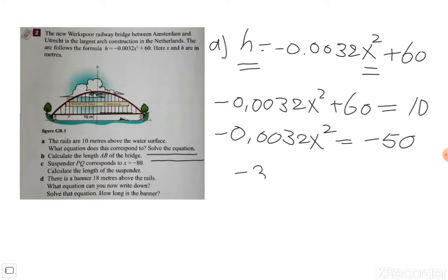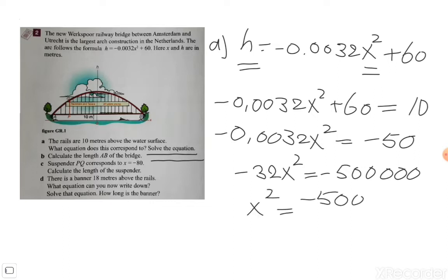Then you get minus 32x squared is equal to minus 500,000, because I multiplied by 10,000. Divide both sides by minus 32. x squared is equal to minus 500,000 over minus 32.